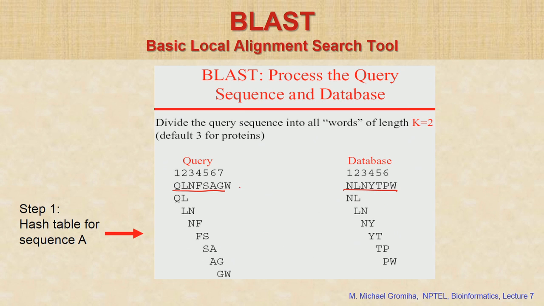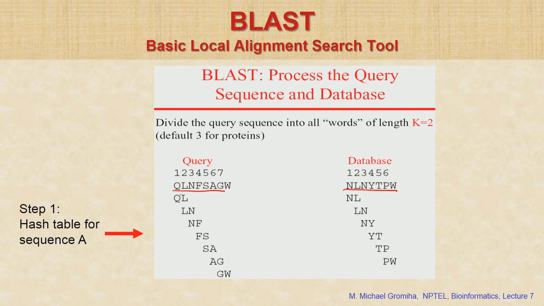Now you have the query sequence Q, L, N, F, S, A, G, W. We compare this with the database sequence N, L, N, Y, T, P, W. If you take a word length of 2, how do we divide the query sequence? QL, LN, NF, FS, SA, AG and GW. So we make overlapping segments. Then go to the database, where we also make overlapping segments: NL, LN, NY, YT, TP and PW. Then where do we match?